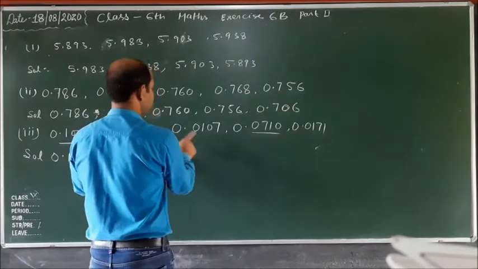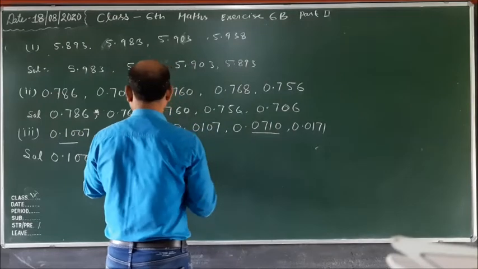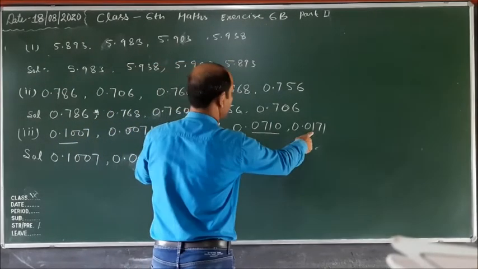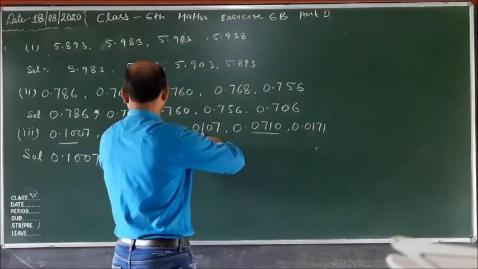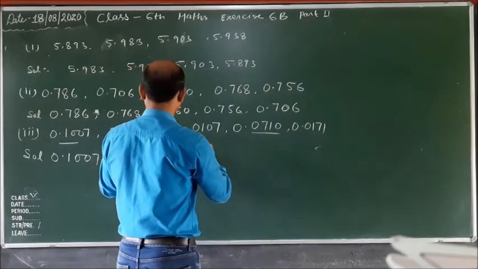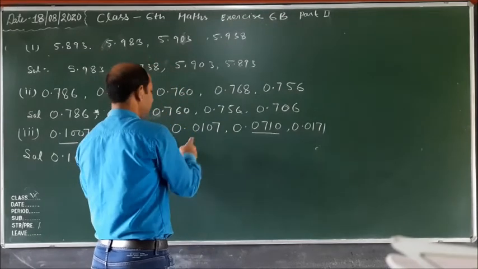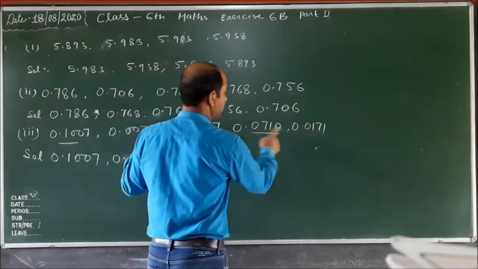After this number, now compare this number and this number. Tenth place here 0, here 1, here 1, equal. Now hundredth place here 7, here 0 and here 7.